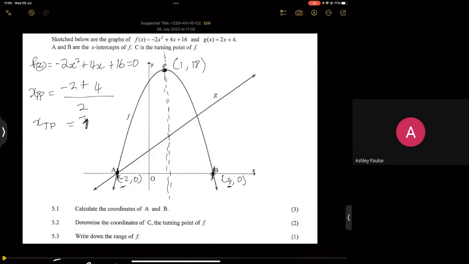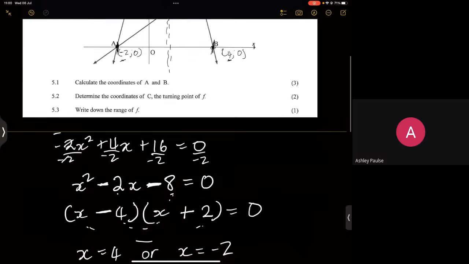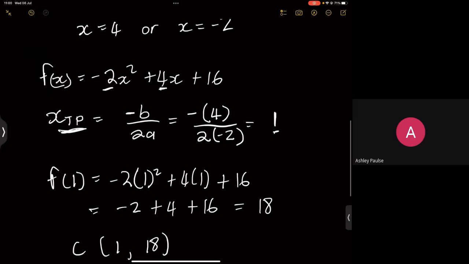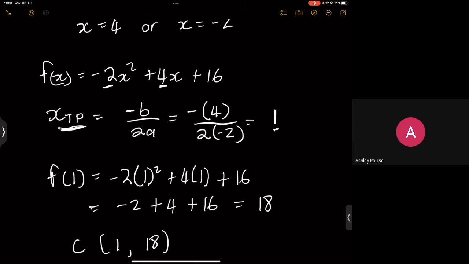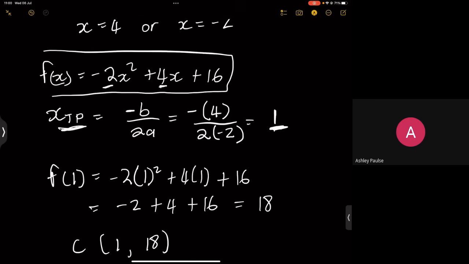It's the halfway mark between those two values. Now, to get the y value of the turning point, all I did was take the x value and substitute it back into the original equation.